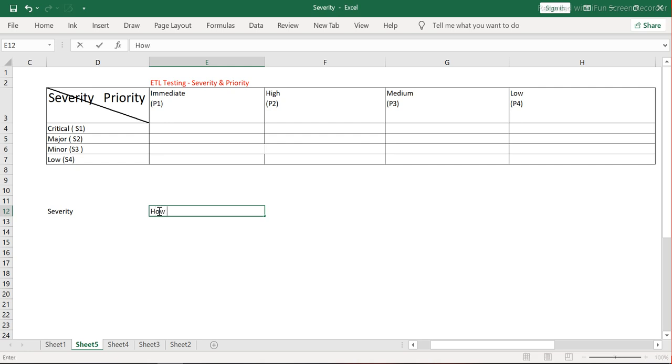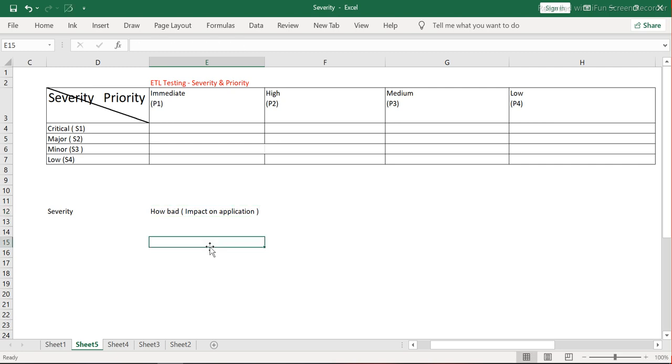How bad, basically. Or we can also say impact. Bad means impact on the application, or impact on the software, or impact on your ETL job, whatever, right? So it's basically how bad it is, that is called severity.